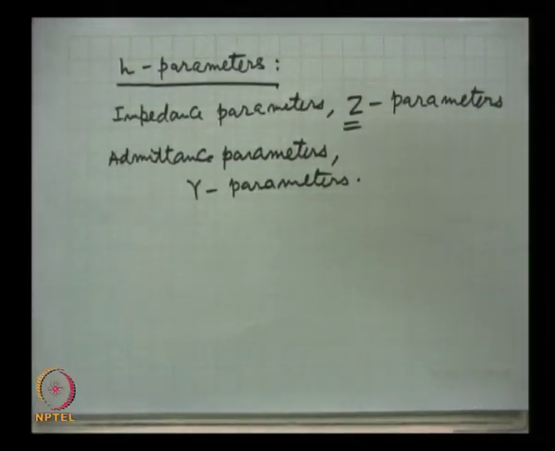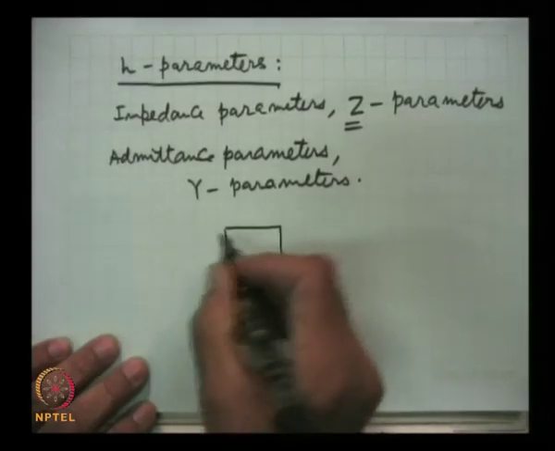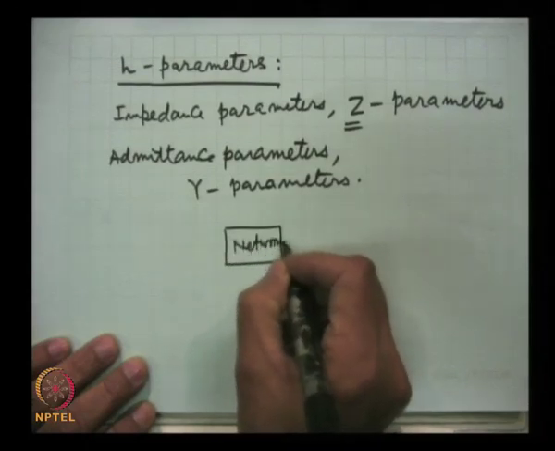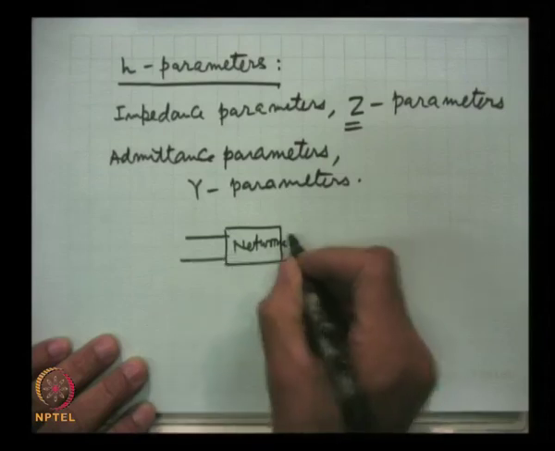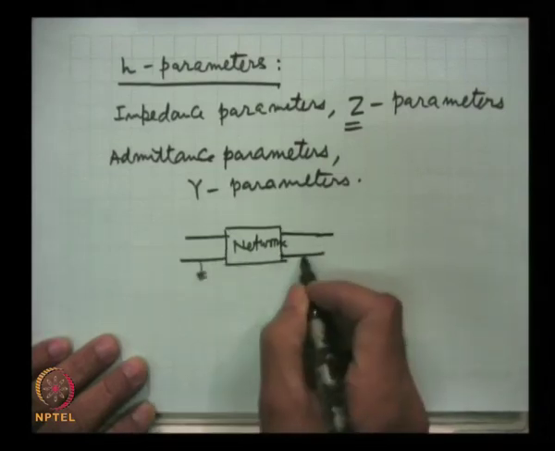Now, H parameters are applicable for any 2-port network. This is a 2-port network.